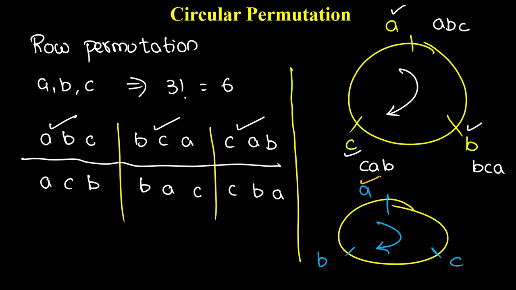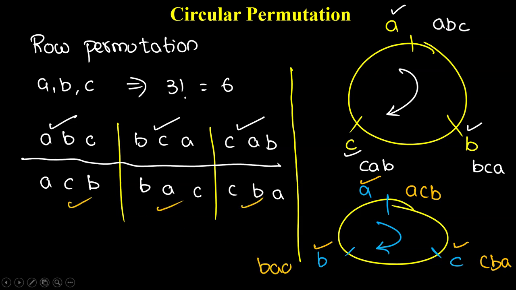If I start at A, A, C, B. If I start at C, C, B, A. If I start at B, B, A, C. The remaining three are also completed. Total six linear arrangements are mapped into two circular arrangements. All six are completed. So 6 mapped into 2, divided by 3. 6 to 2, or 3 to 1, divided by 3.